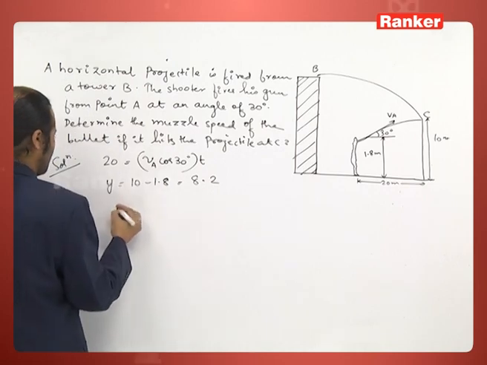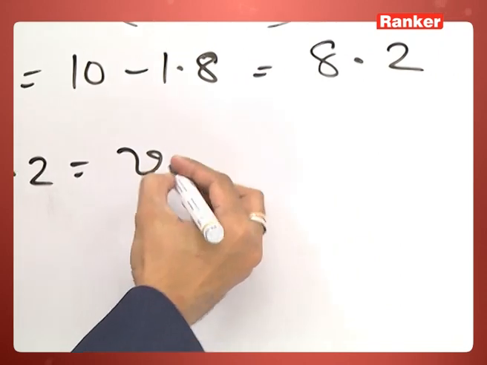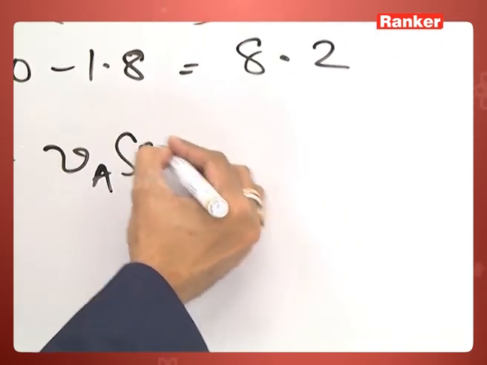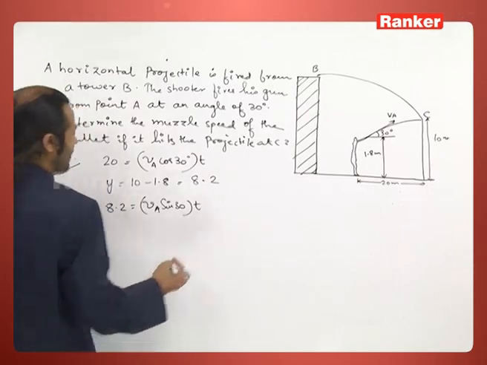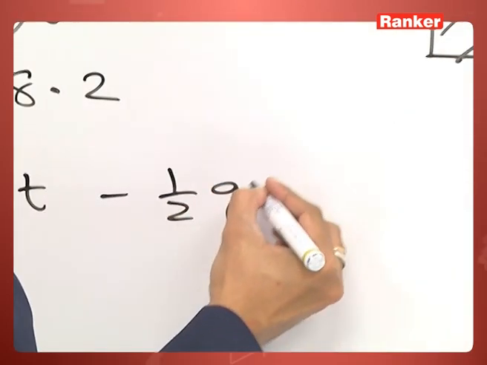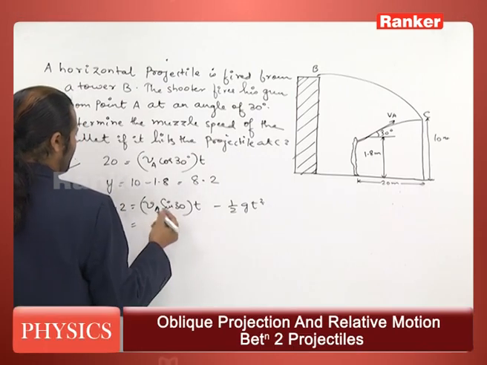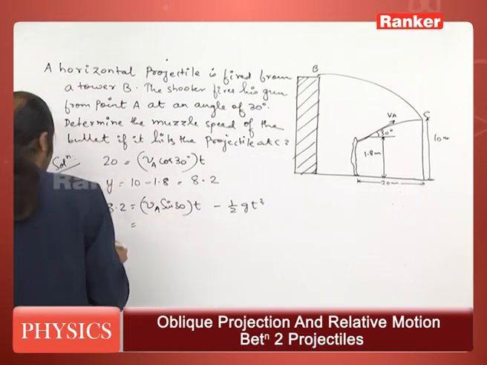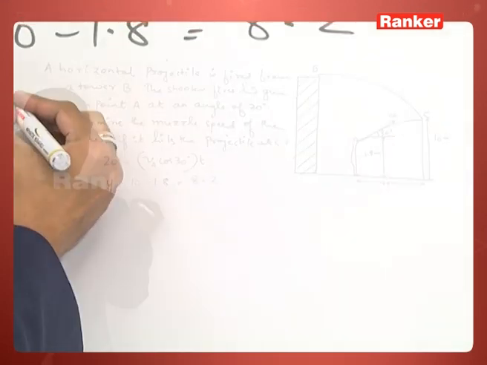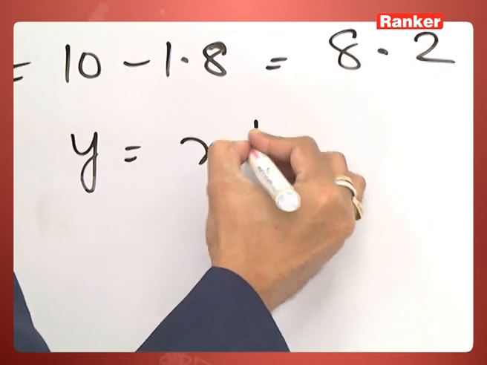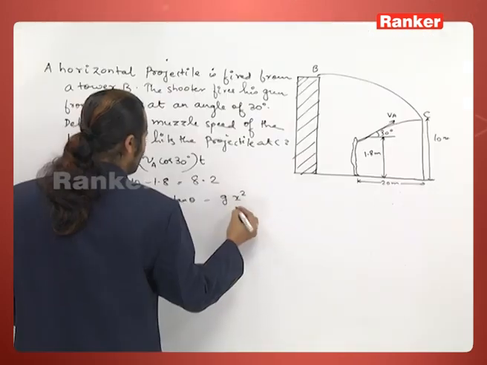So I can say here 8.2 is VA sin 30 into T minus half g T square. Now here I can directly write in this form, y is equal to x tan theta minus g x square.